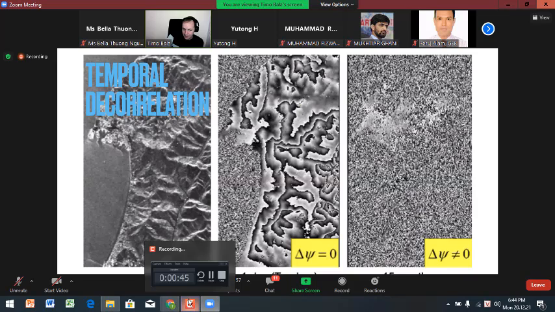After one day, we still have lots of good information from the interferogram, not so much the correlation beside the water area. But after 15 months, most of the area is completely decorrelated. That means you would not get any useful information anymore. We're just in the noise. So that is the huge problem if you want to measure motion: the temporal decorrelation.